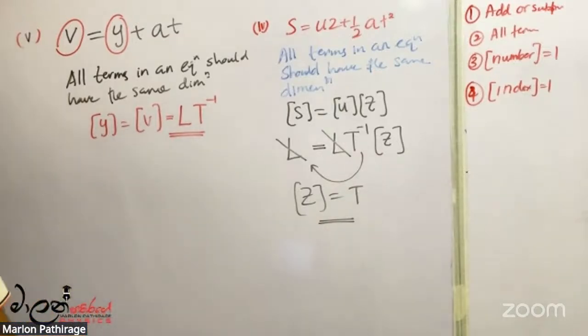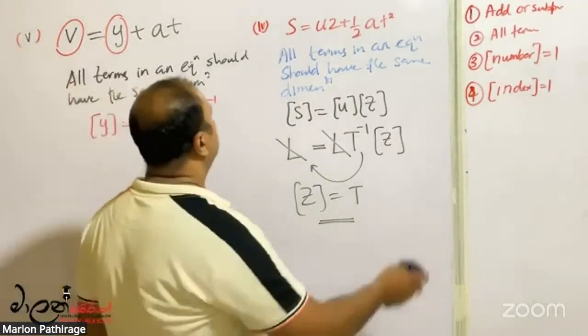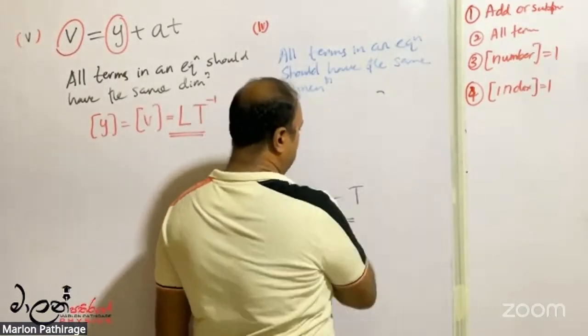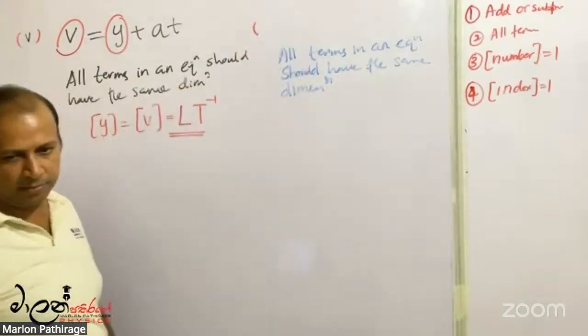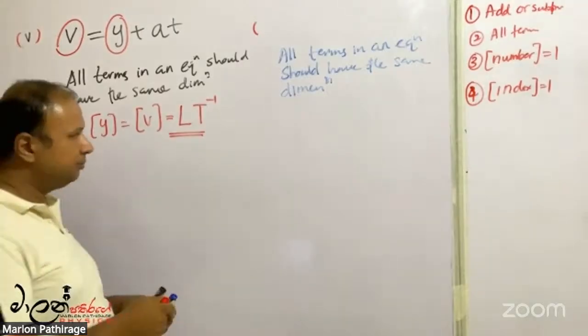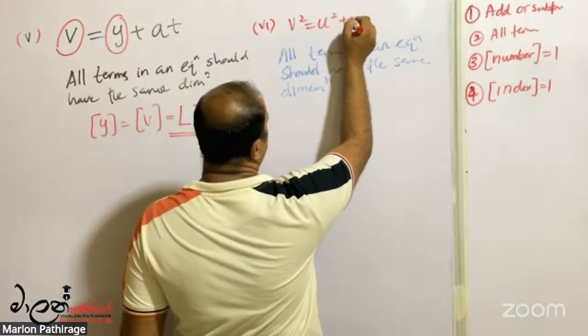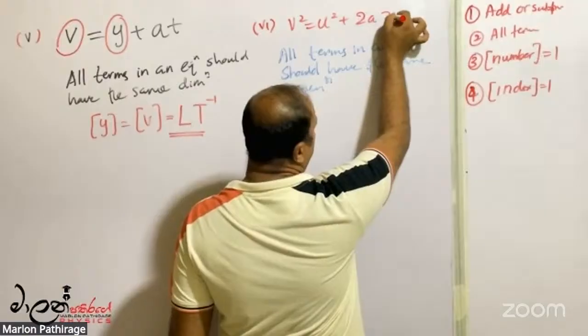Then, the sixth one: V square equal to U square plus 2AZ.